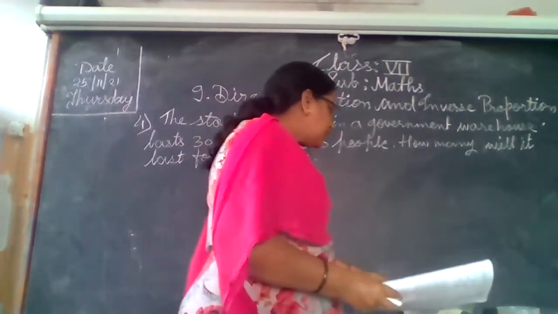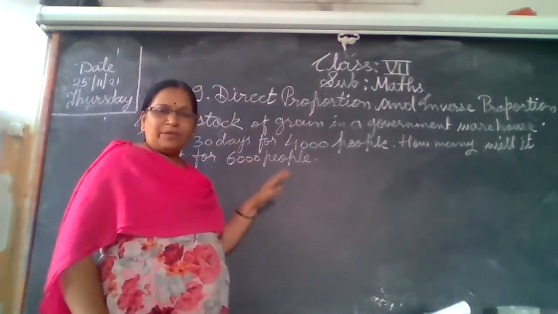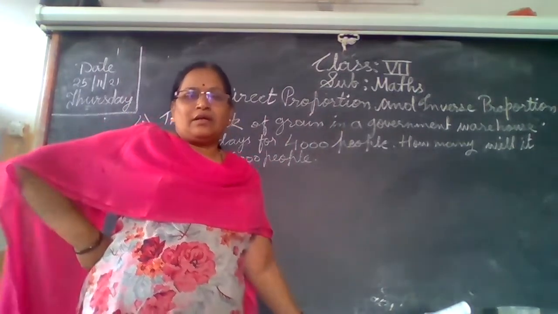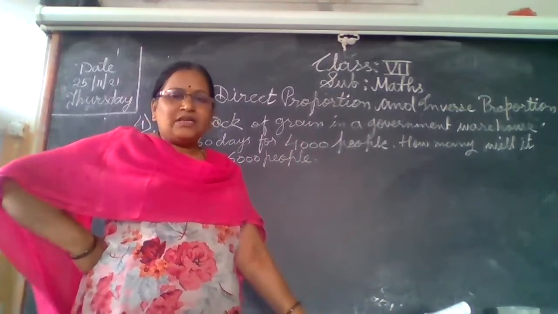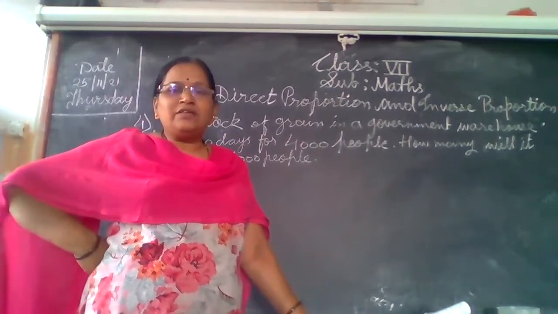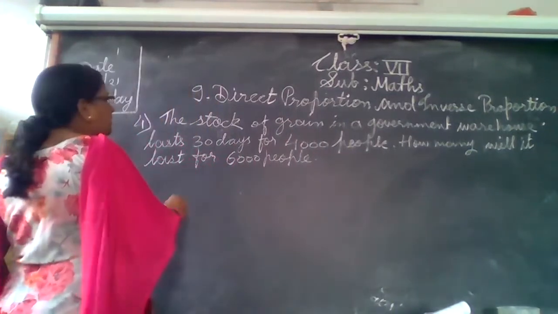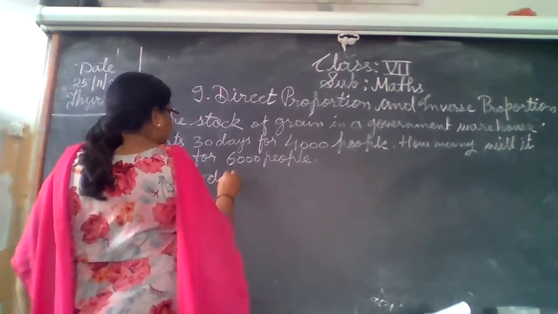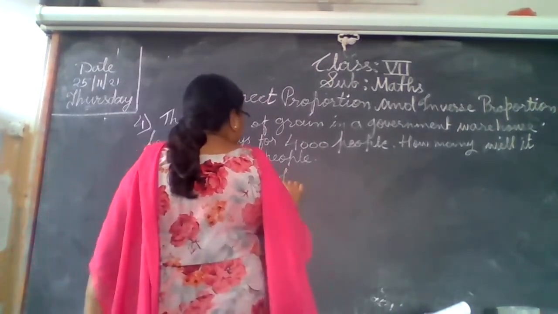See children, if the number of people is more, then the stock of food lasts fewer days. So this type of question is inverse proportion. Let's make one table: grain, days and people.